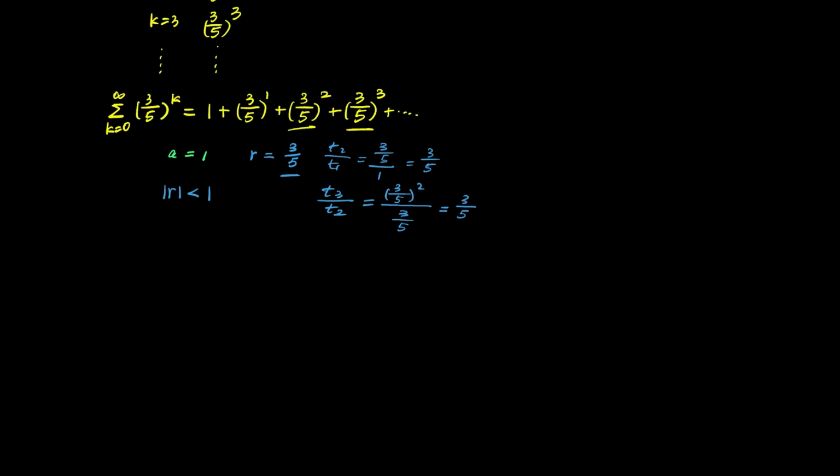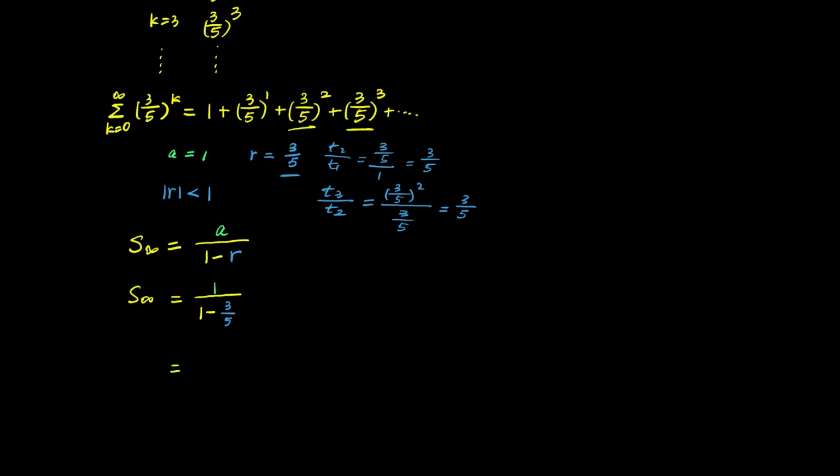To evaluate the sum of the series, let's recall the formula for the sum of an infinite geometric series, which is S infinity equals the first term a divided by 1 minus the common ratio r. Okay, so S infinity equals a, which is 1, divided by 1 minus the common ratio, which is 3 over 5.